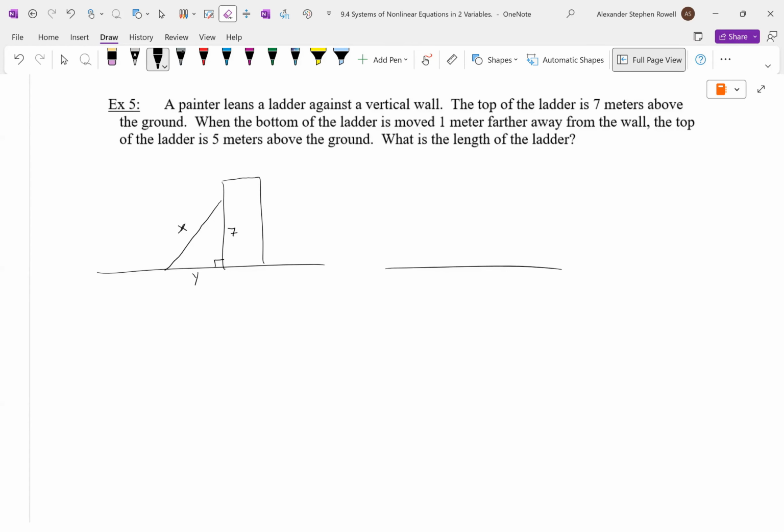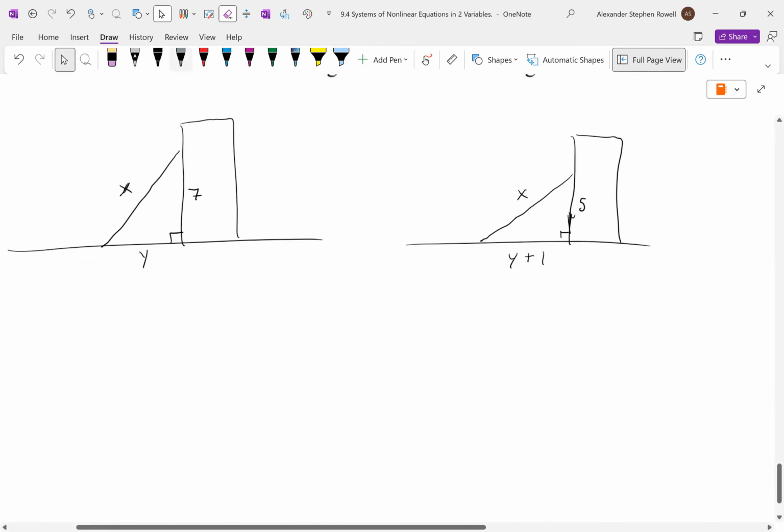In our second picture, how's it different? We slide the ladder 1 meter to the right. So this distance is y plus 1. And the ladder length is the same, so that is still x. And the height above the ground is 5 meters.